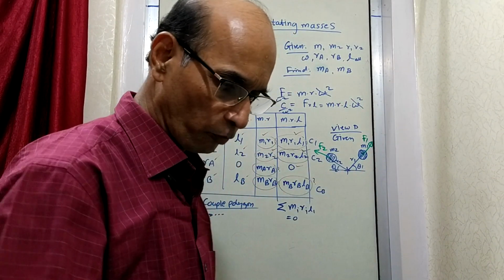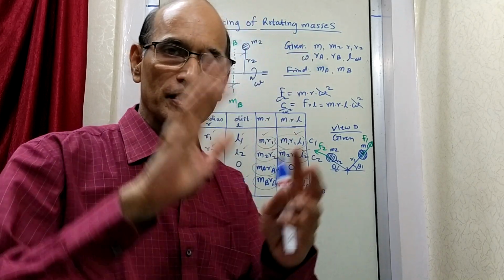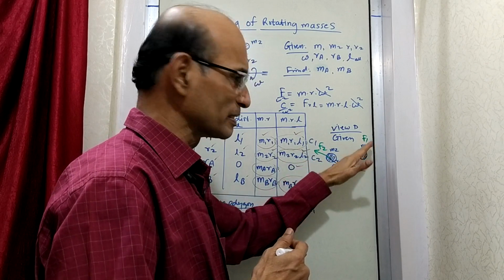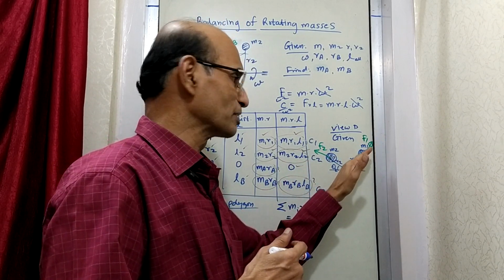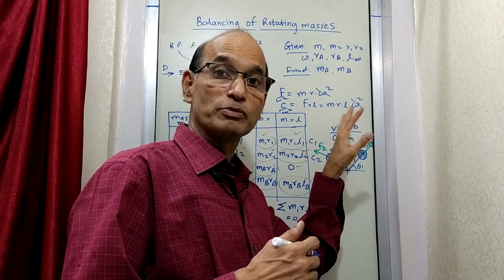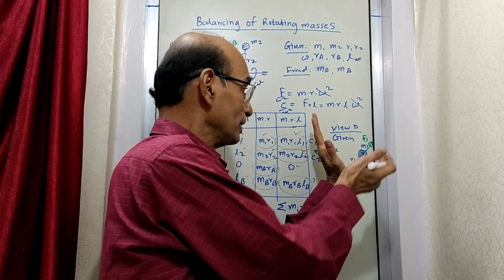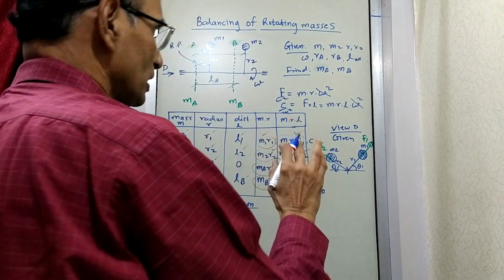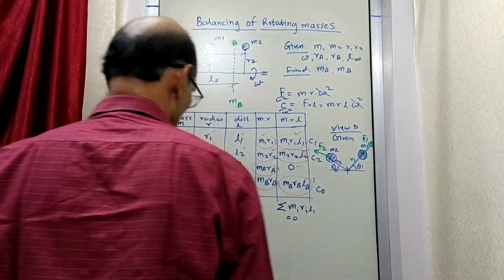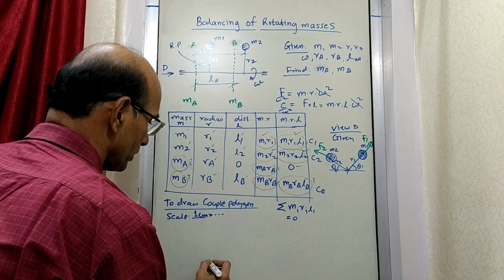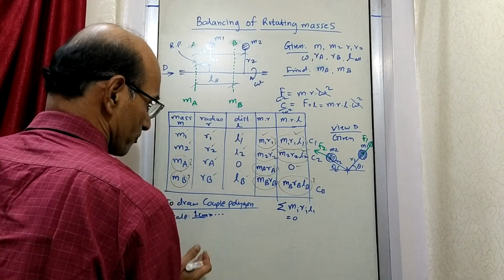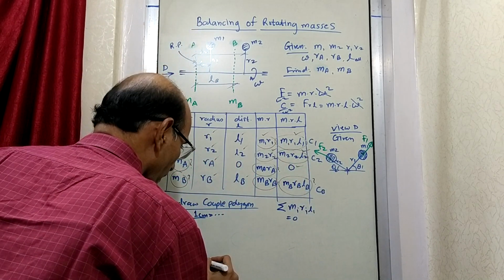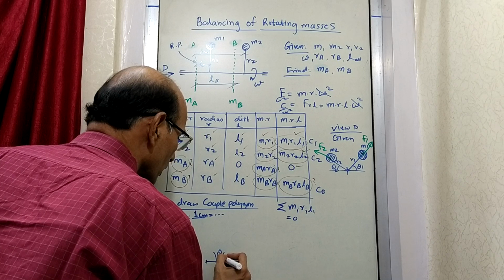But for convenience, because we are interested in relative position, we don't go by 90 degrees, we just keep it in the same direction as F1, although in reality C1 is 90 degrees clockwise. So from some starting point we draw a line representing C1, making angle theta 1.